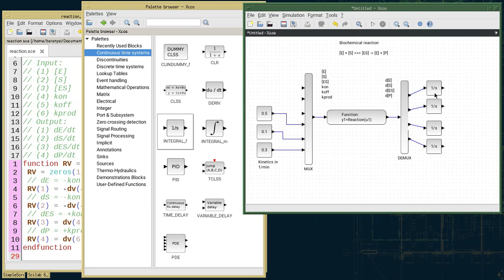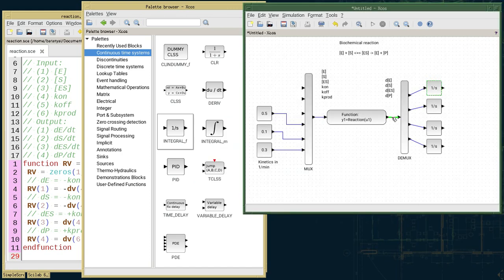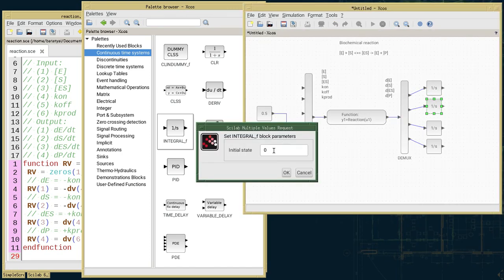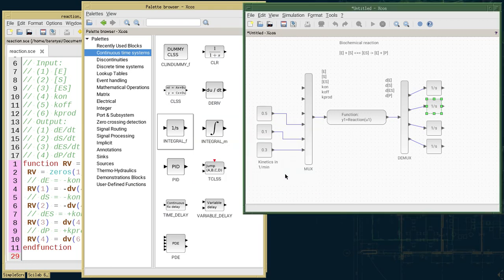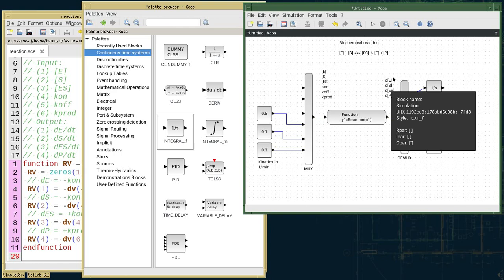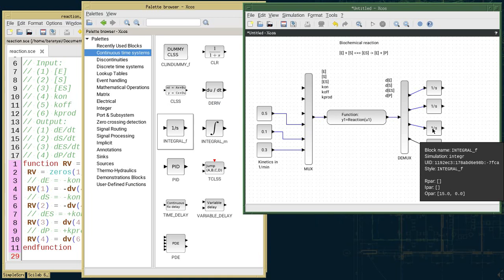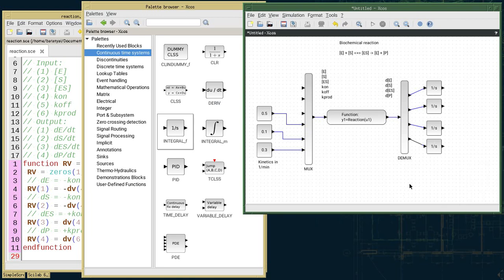And in the integrator, I have to enter the initial values. For the initial parameters, the enzyme I will make 1 unit, and the substrate I will make 10. So the substrate will be 10 times higher than the enzyme at the beginning, and no enzyme substrate and no product at the beginning. So I will double click here, initial values.